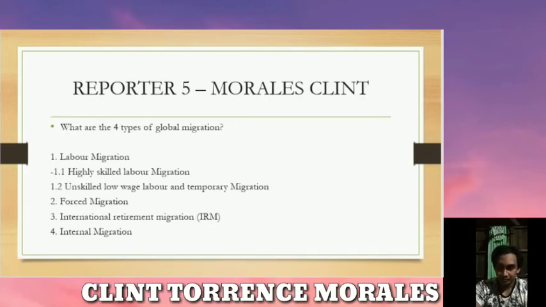The third type of global migration is the international retirement migration, or the IRM. The international retirement migration is a phenomenon of the northern countries such as Germany, the UK, and the Nordic countries, characterized by the residential mobility of retired people who have the economic power to buy properties abroad.